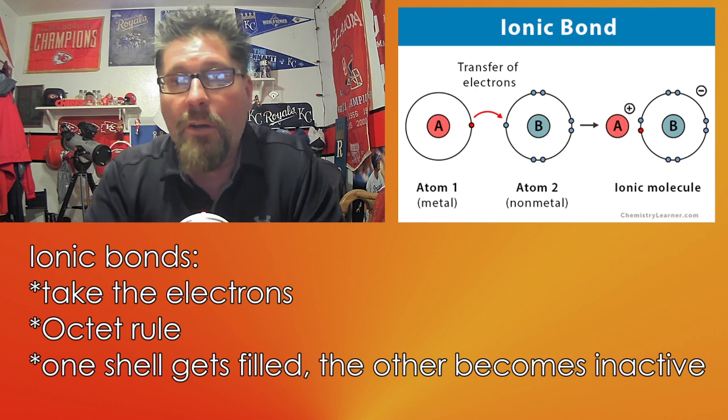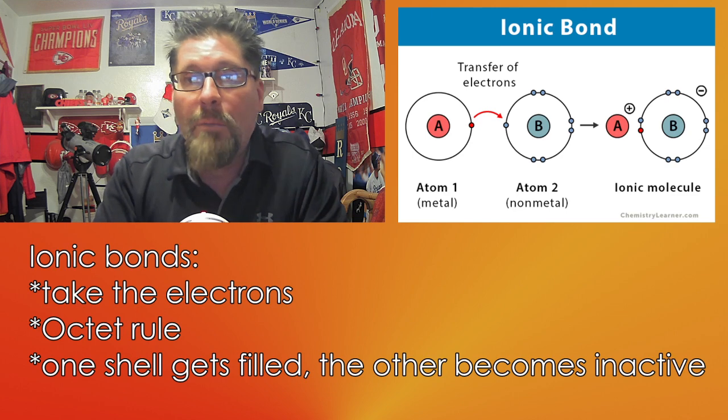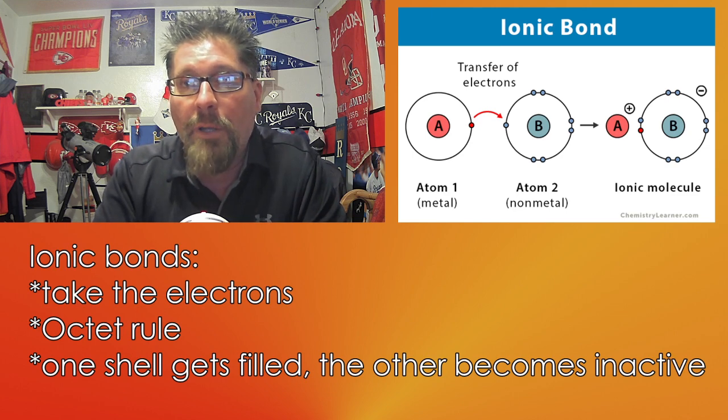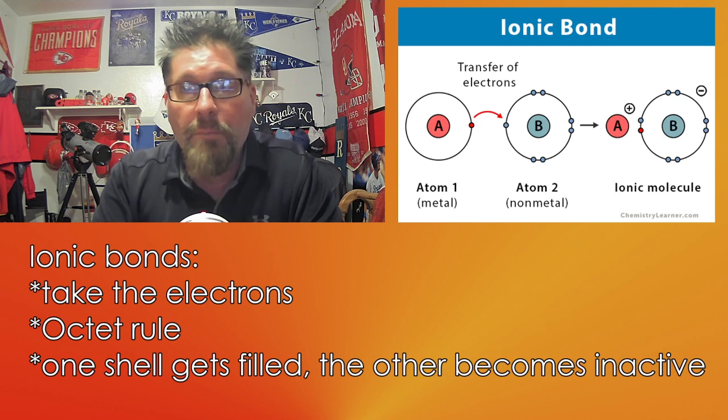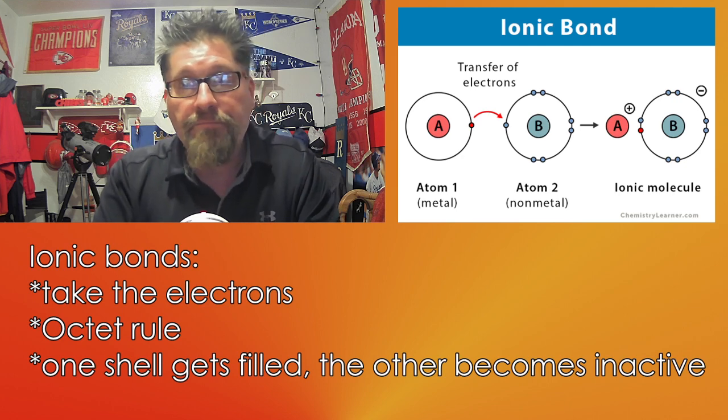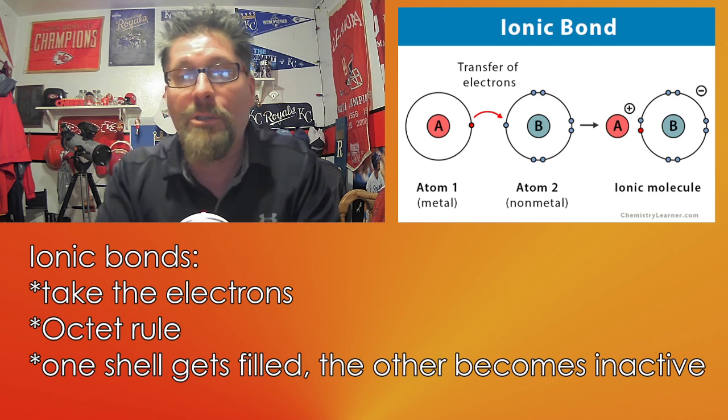But you can see in our diagram, atom 2 or atom B has 7 valence electrons on its valence shell, and atom A, or the first atom, has 1. So what happens?